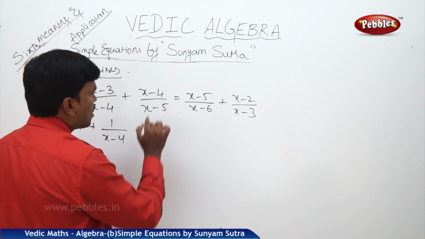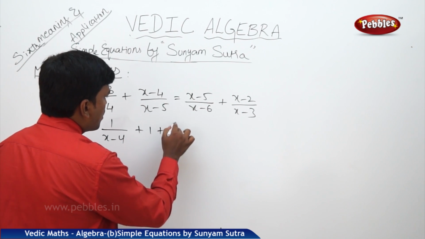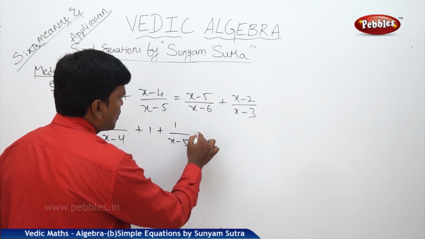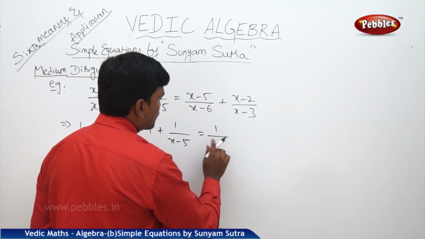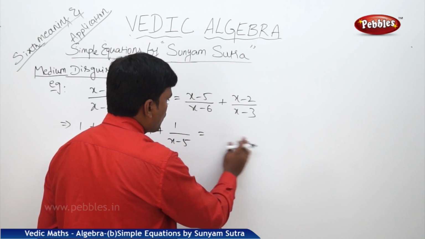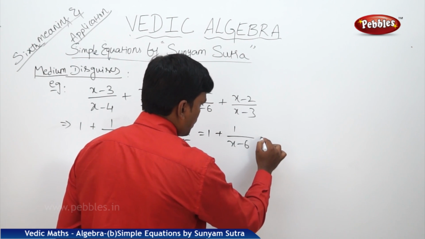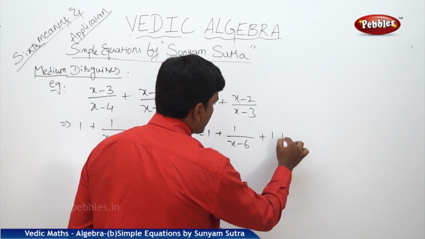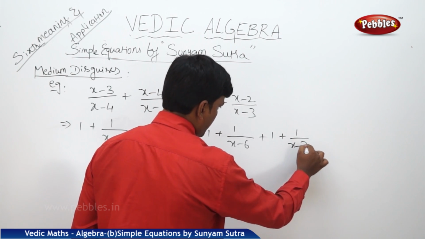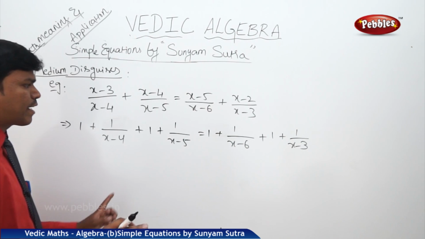Similarly, 1 plus 1 by x minus 5, and on the right 1 plus 1 by x minus 6 plus 1 plus 1 by x minus 3. We can write like this.